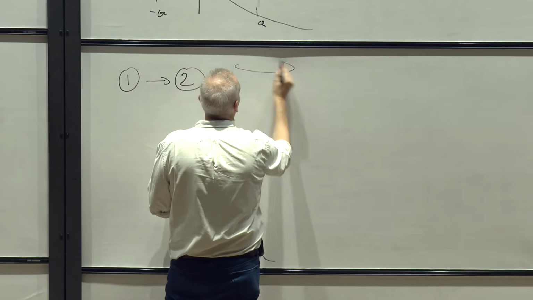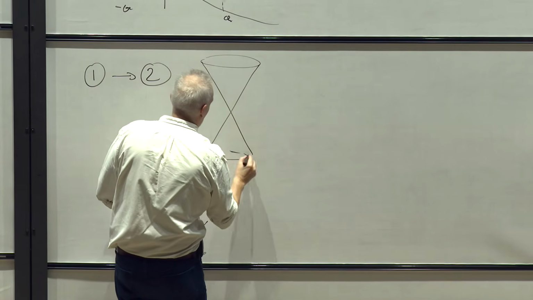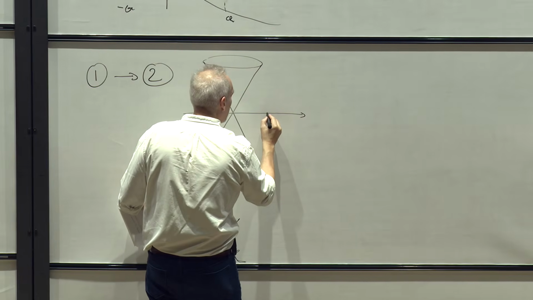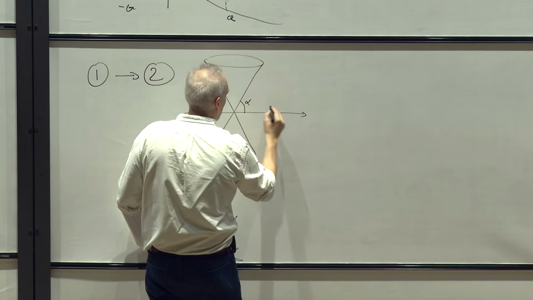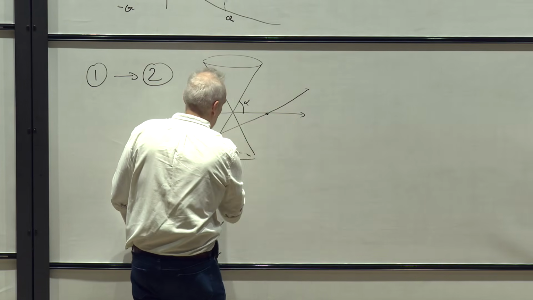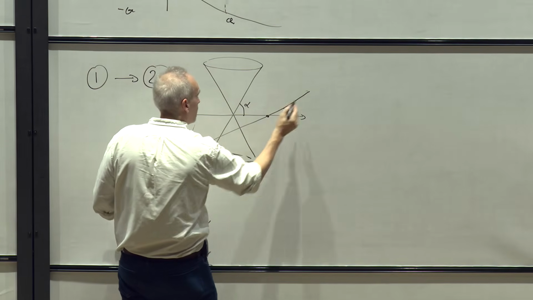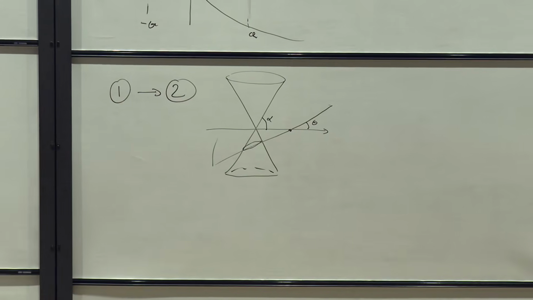And in order to do that, we're going to take a plane that goes to a particular point here. So alpha and theta, and we're going to find the intersection explicitly. So we have to compute that.